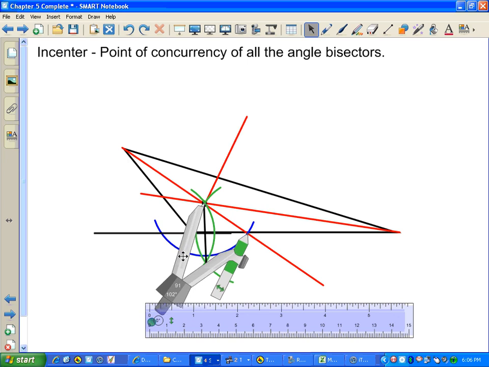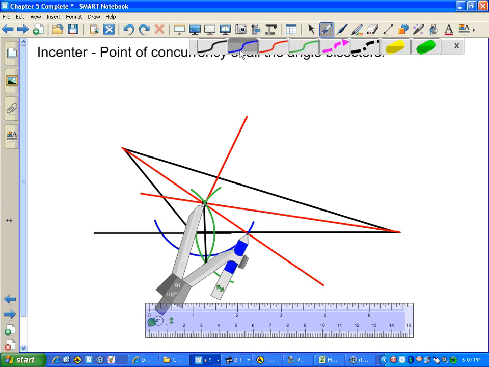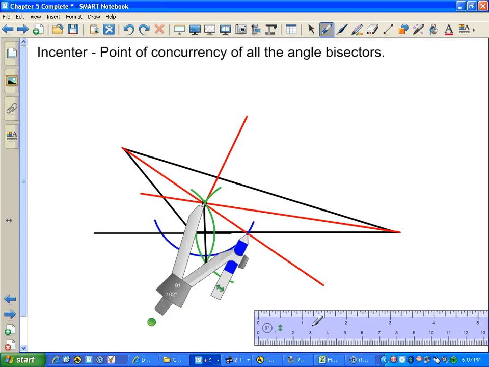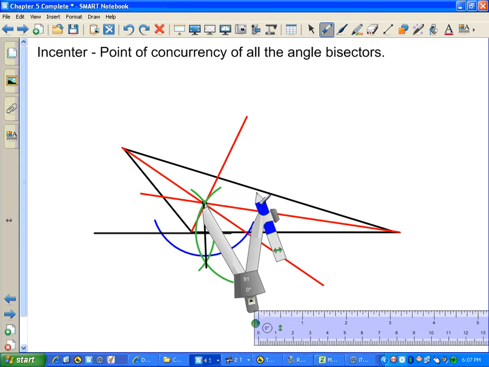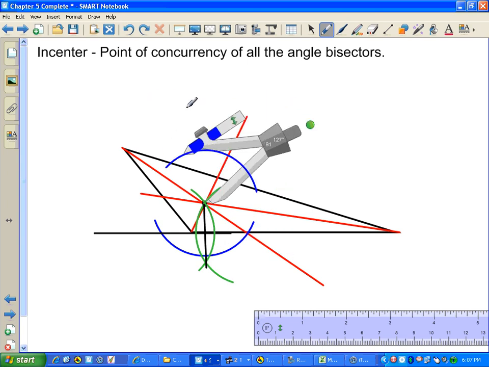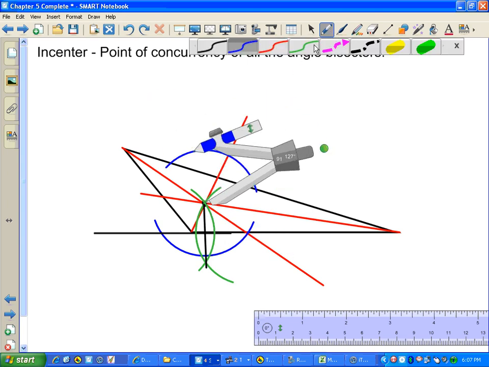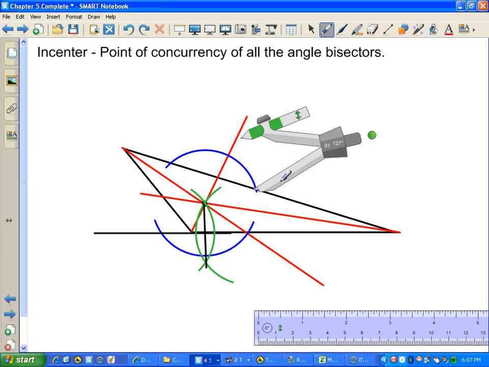So I'll make one more here just to demonstrate the construction for that again, for that perpendicular segment. So I need a circle that's going to touch 2 points there. And then I bisect that segment.